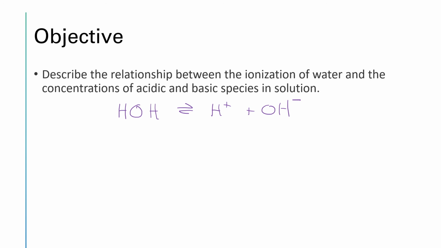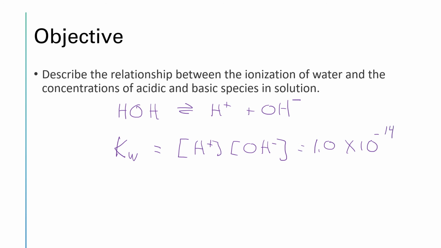And there's a Kw that's associated with this, which is H plus times OH minus, and that has a numerical value of 1.0 times 10 to the negative 14. And that is the only equilibrium constant that I will not provide for you on a quiz or a test, but you will very quickly get that number memorized because you're going to be seeing it a lot in these problems.